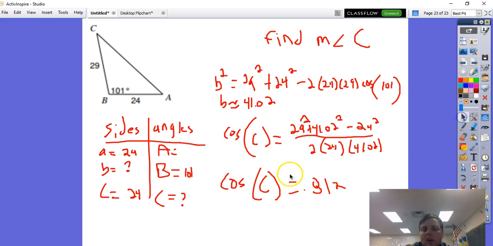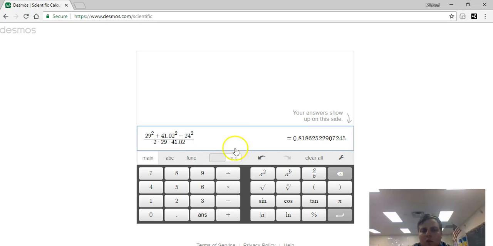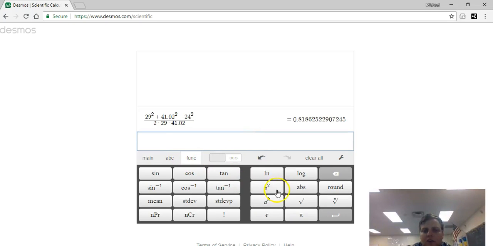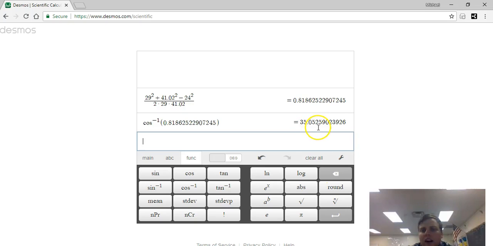Okay, I don't want cosine C. I want just C. So how do I get rid of cosine? I take the inverse of it. So I have this number, and I'm going to copy it. Then I hit function, cosine raised to -1, control V, and I get 35.05.